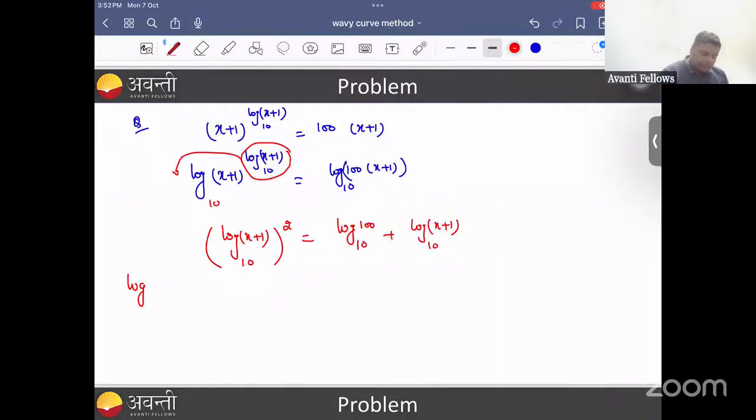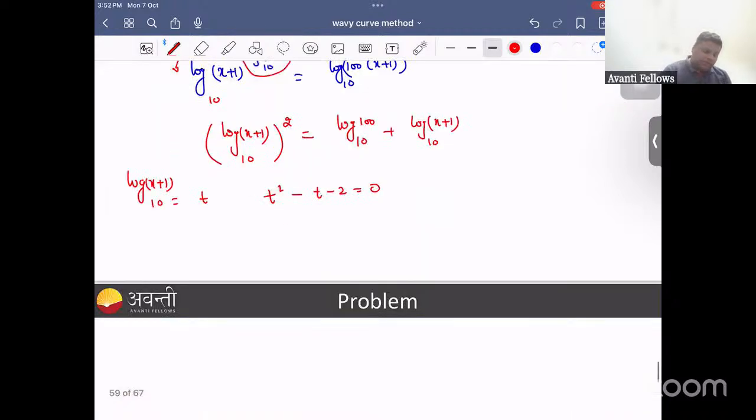Let us assume log (x plus 1) base 10 is t. So it is t square minus t minus 2 equal to 0. Log 100 base 10 is 2. So it will become (t minus 2)(t plus 1) equals 0. So t's values are minus 1, 2. That means log (x plus 1) base 10 is minus 1, 2.